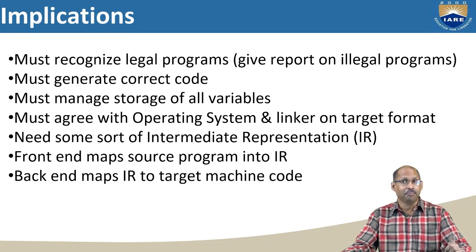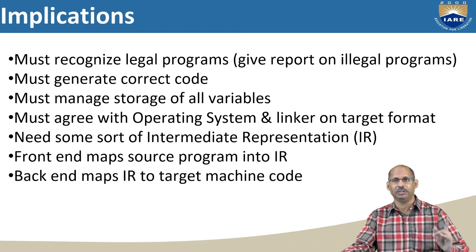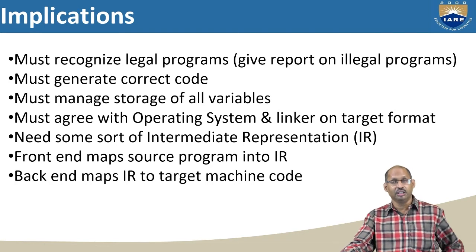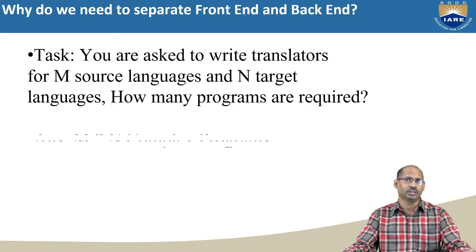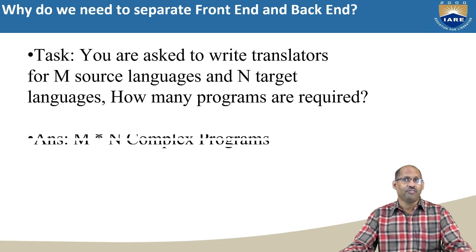Then the back end maps the intermediate representation to target machine code. Is it clear? The main two points: front end and back end. The front end converts the source program into intermediate representation, and the back end converts that intermediate representation to target machine code.